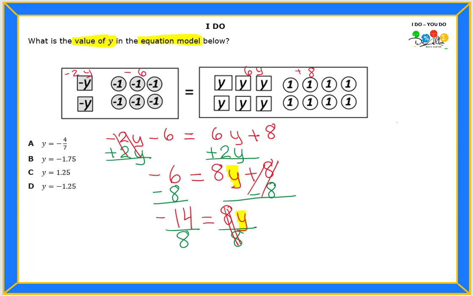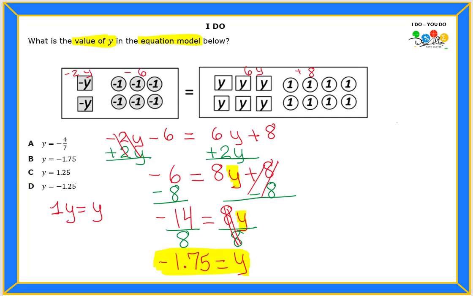It's equal to a 1. But 1y is the same as y by itself. So I'm just going to write down the y by itself. Okay? And -14 divided by 8 gives me a -1.75. And that's my y value.